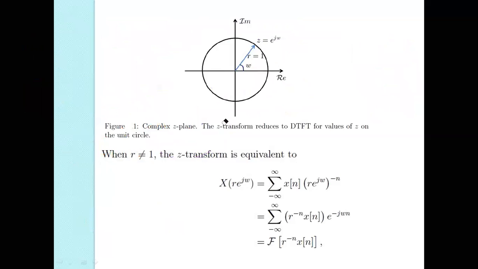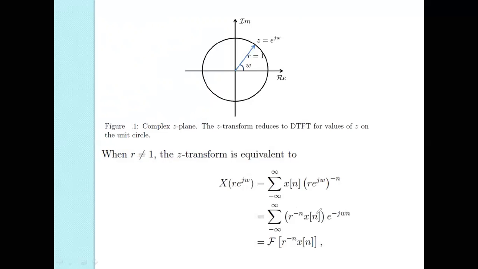Now coming here, in this unit circle, R is equal to 1 with an angle of omega, Z is equal to R into e power j omega, and R is 1 here. When R is not equal to 1, the Z transform is equivalent to, substituting here, X of R e power j omega, and Z is also R into e power j omega.